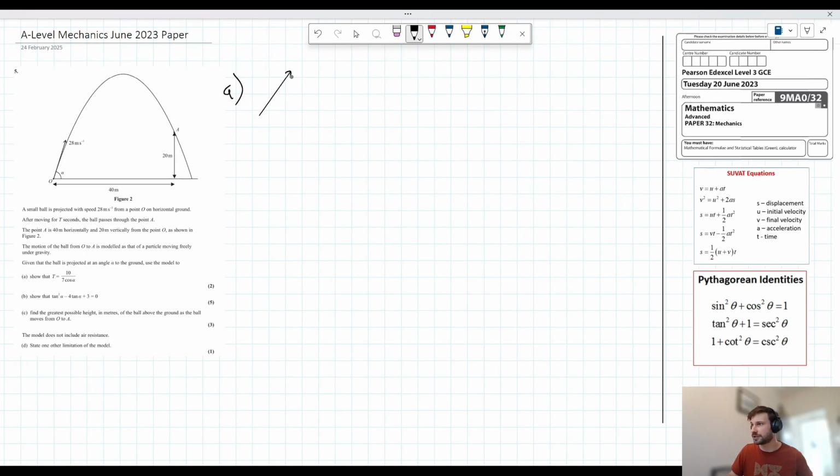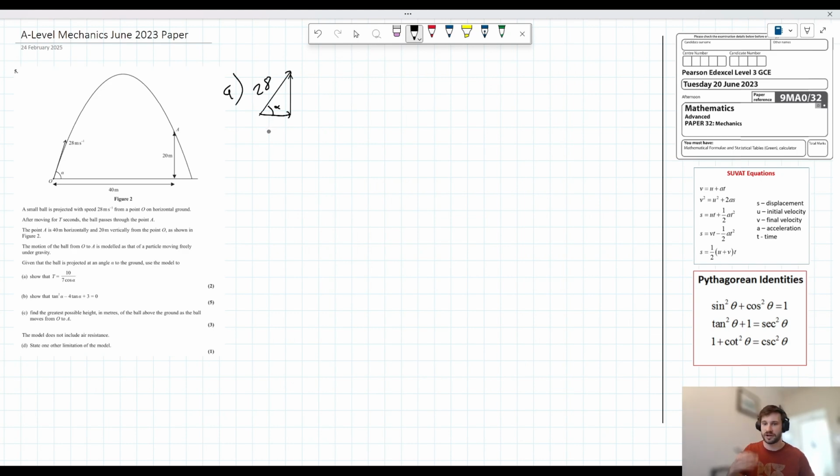It might look something like this, where we've got 28 meters per second on our diagonal here. We have an angle of alpha with the horizontal.